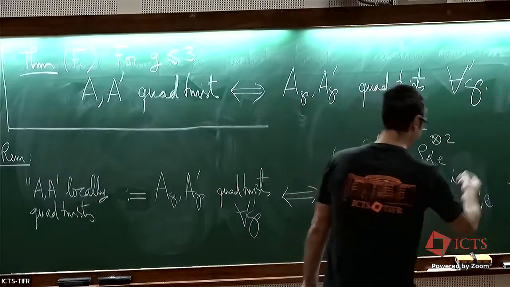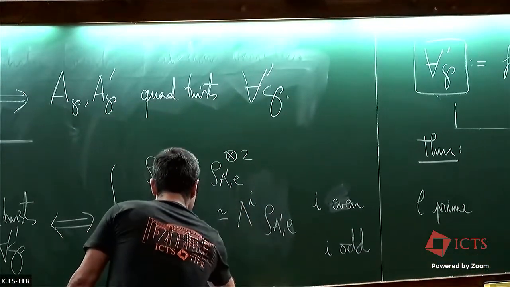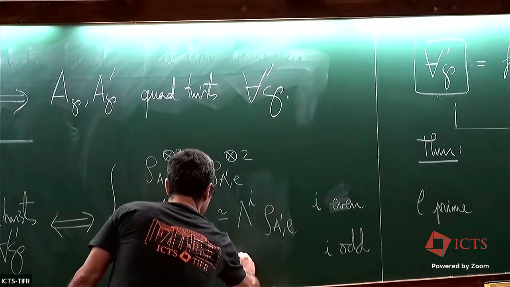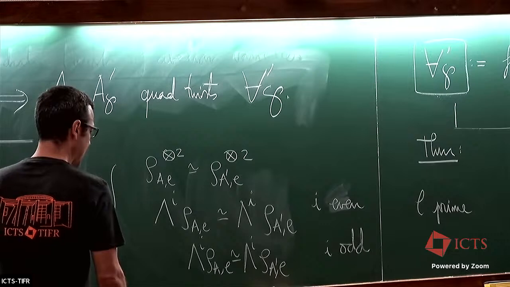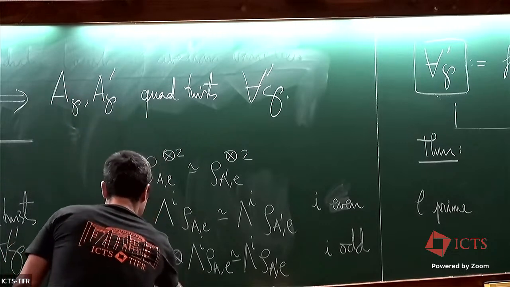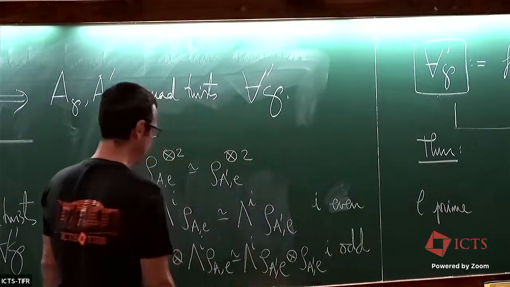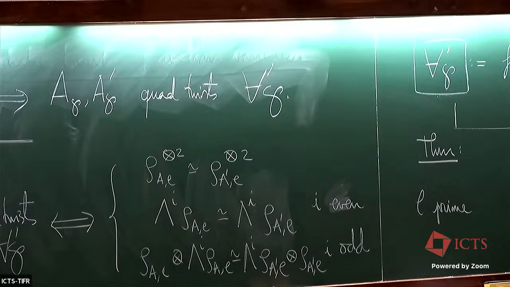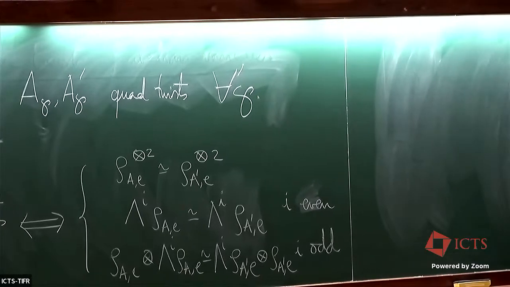And in the i odd case, the condition you need to put is that these exterior powers will be isomorphic after tensoring with rho, relative to A and A prime on each side. That's just looking at the effect on the characteristic polynomial of the change of the sign in the variable. So you can think of this local-global principle as an equation of representations, and it asks whether the solution is unique up to quadratic twist.